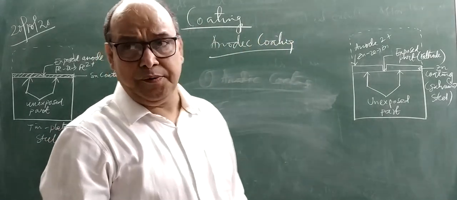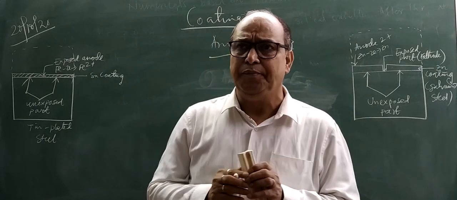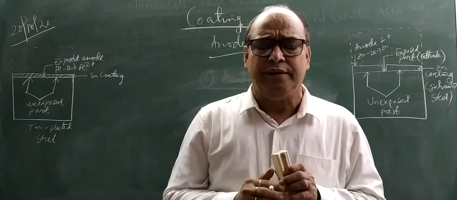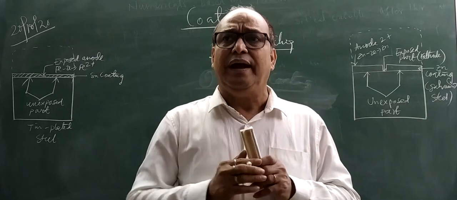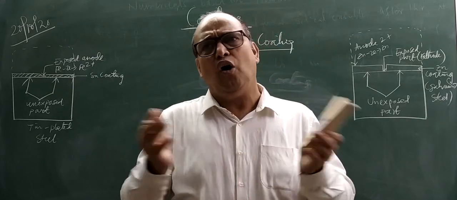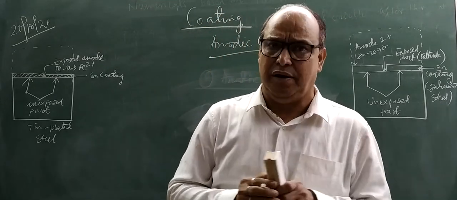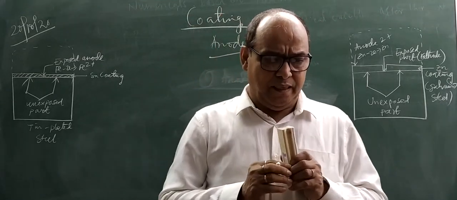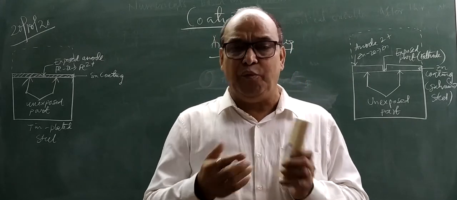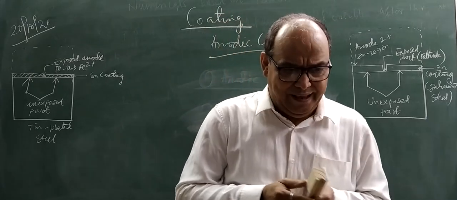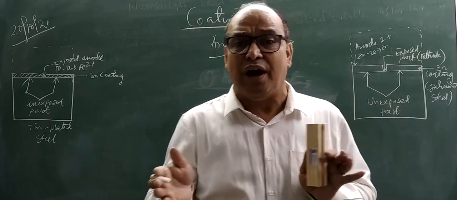In this approach, the metal being used as a coating material will behave anodic with respect to the base metal, or we can say its electrode potential is less than that of the base metal. Generally, coating materials being used are zinc, aluminium, cadmium, as their electrode potential is less than that of the base metal, that is iron.